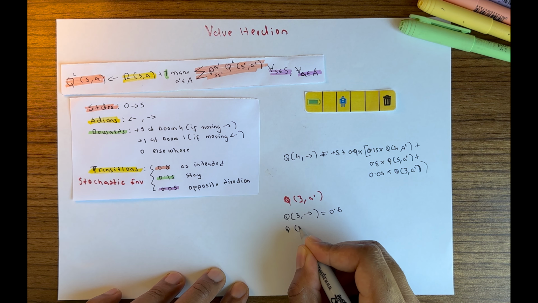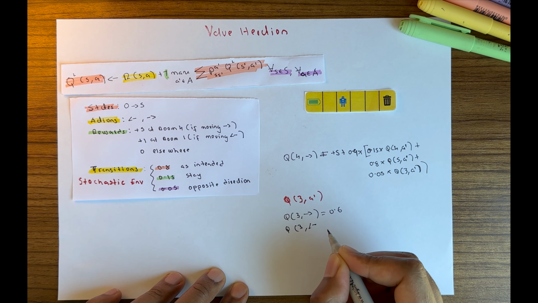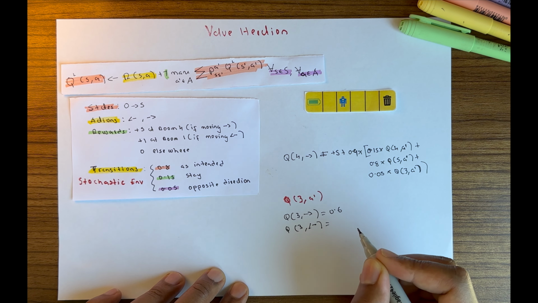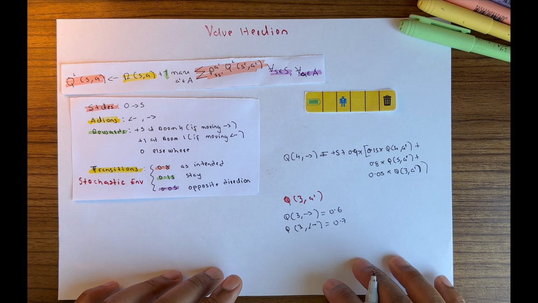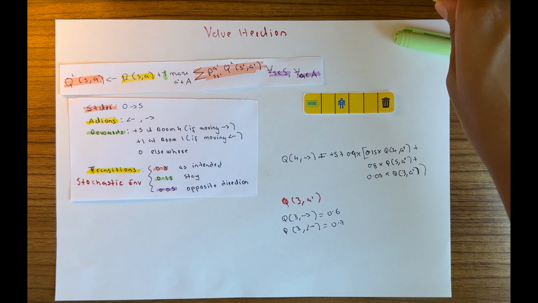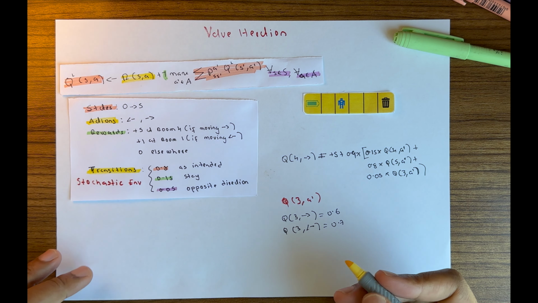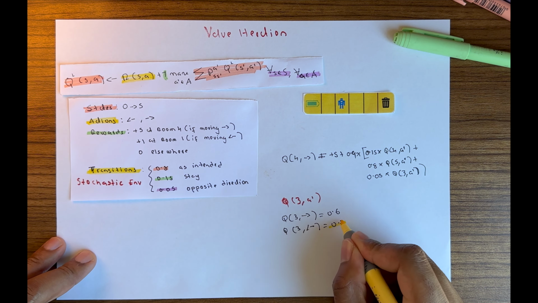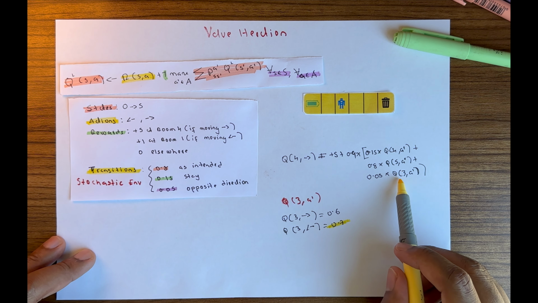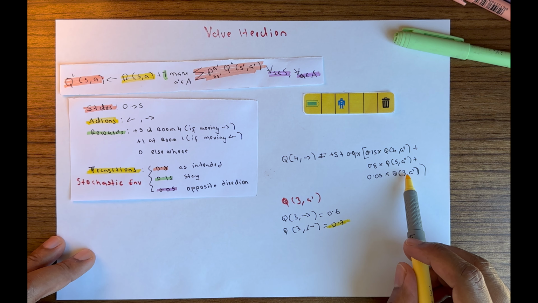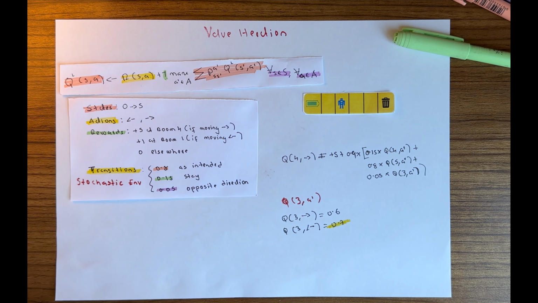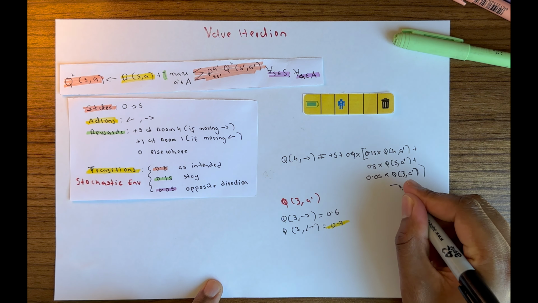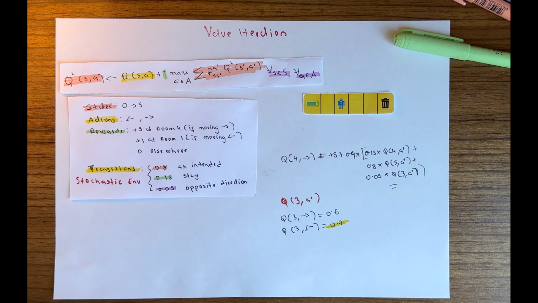The agent at state 3 can also decide to go left, and let's say the value is 0.7. Now the maximum is this one. So here the max Q of 3, a prime is going to be 0.7, and then you do the computation and you get a value.